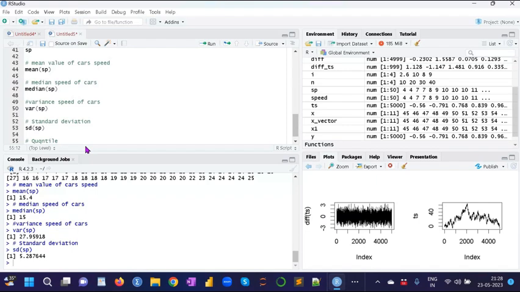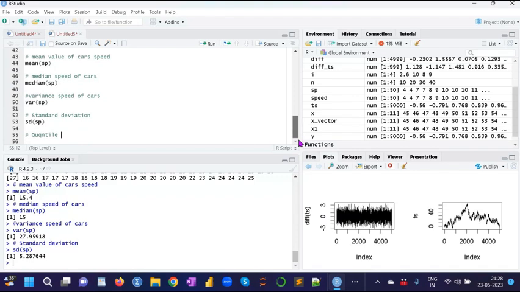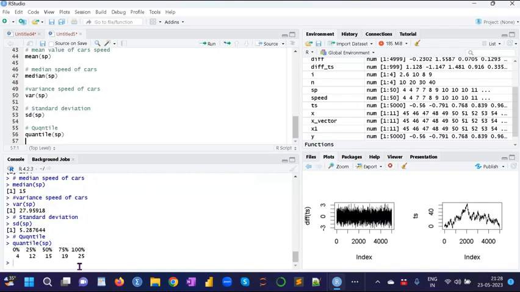It is divided into 3 parts, so 25%, 50% and 75%. It divides all the values. Then quantile gives 0%, 25%, 50%, 75% and 100%: 4, 12, 15 and 19. It gives all the quantiles.